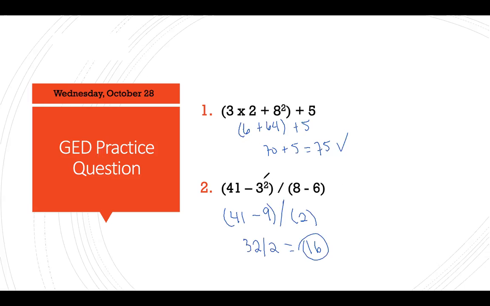It's so easy to fall into, especially for 3 squared, because 2 squared is the same as 2 times 2. So sometimes we get stuck in the idea that 3 squared is the same as 3 times 2. No, it is not. 3 squared is 3 times 3, which is 9. So don't fall into that trap.